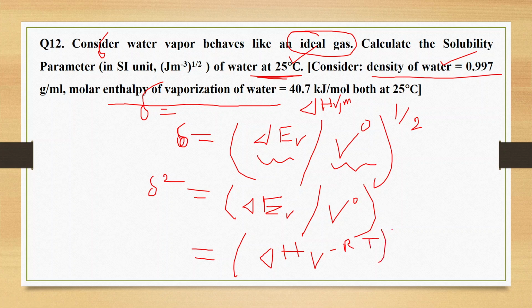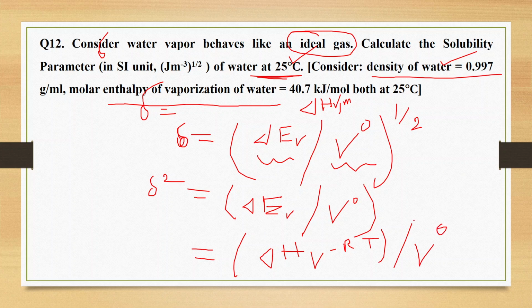Del H equals del E plus del n RT, that was the equation. So del E equals del H minus RT. So you can simply use that equation for the ideal case. So in case of ideal gas, delta E is delta H minus RT, and that is divided by your V0.